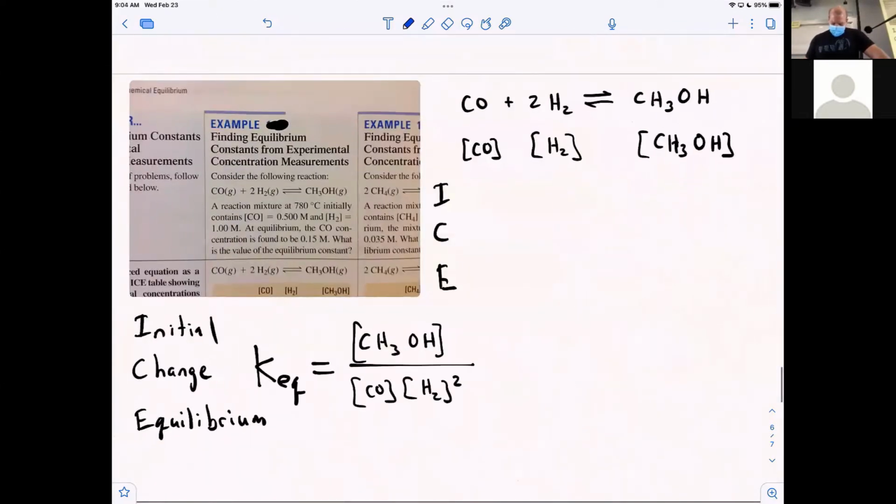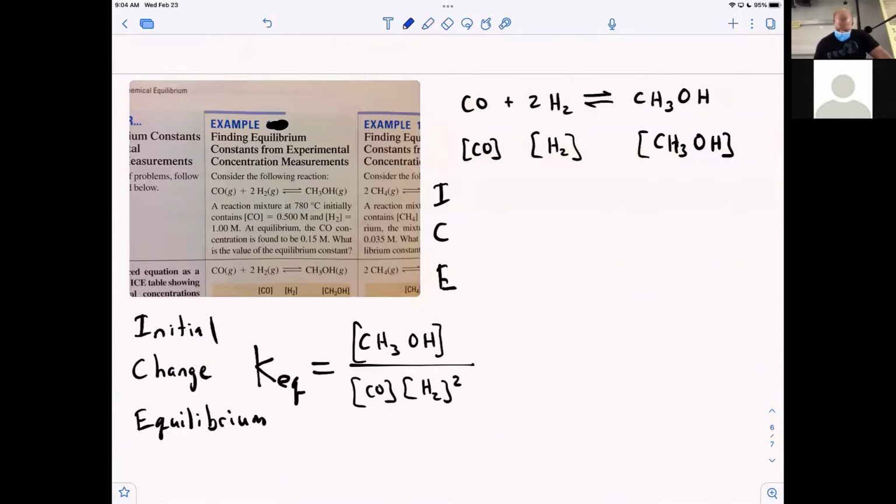So let me put in the given information. First of all, let me show you this chart. I've gone ahead and written the equation, right? That's a balanced chemical equation, and underneath them, here's the concentration of each of the species. So let's put in the known information.